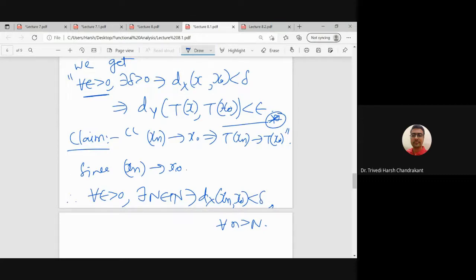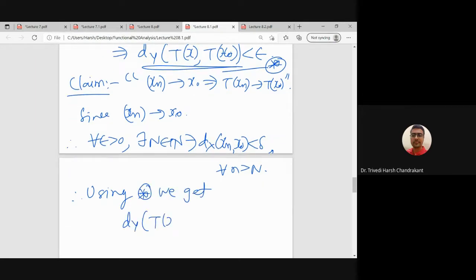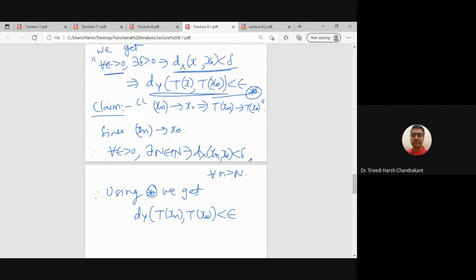Now the distance of xn and x naught is less than delta, so whenever such happens we get this. Therefore, using star, we get the distance of T of xn with T of x naught is less than epsilon. Using the definition of continuity, since xn approaches x naught, we are getting T of xn converges to T of x naught. So this is also true for all n greater than capital N.